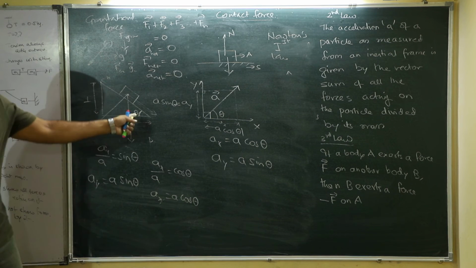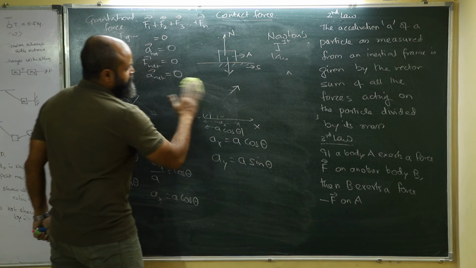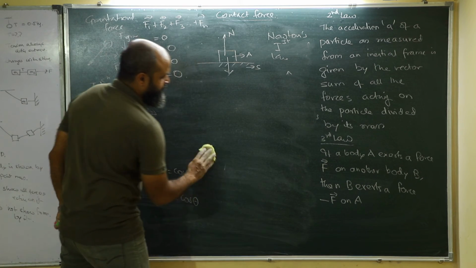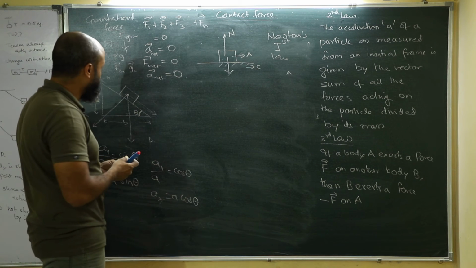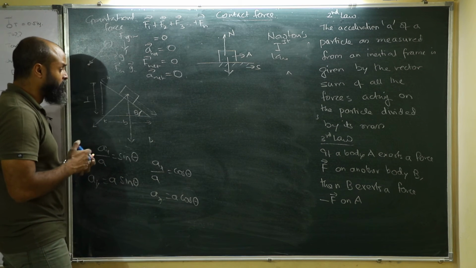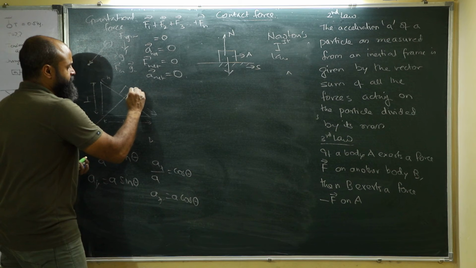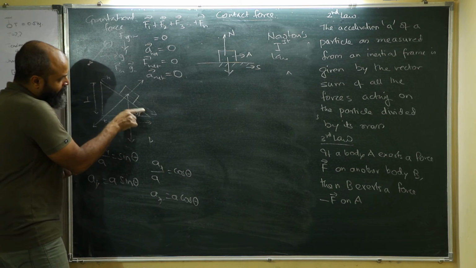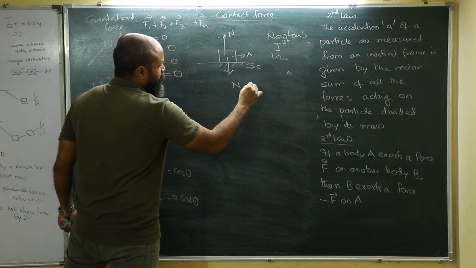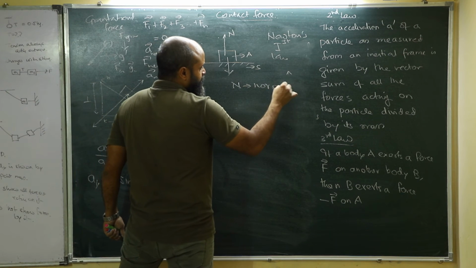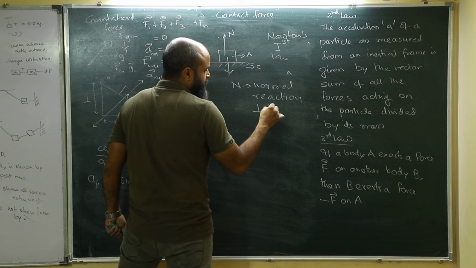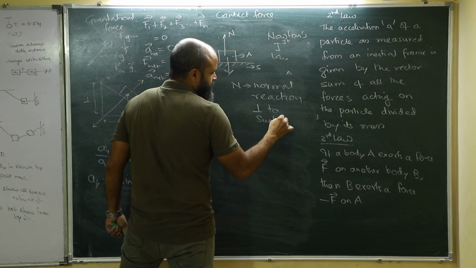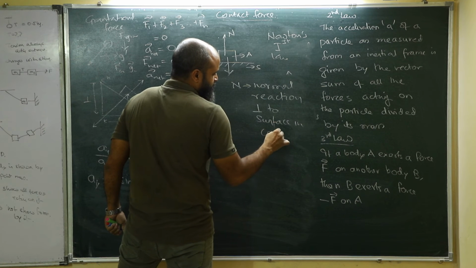So very quickly, if we refer to the same logic out here and resolve this here, we are going to talk about this in detail. However, I'm just trying to refer to how the normal reaction N changes out here. So N will always be perpendicular to the surface. Normal reaction will always be perpendicular to the surface in contact.